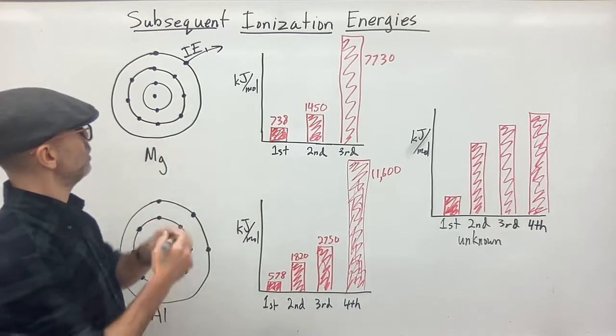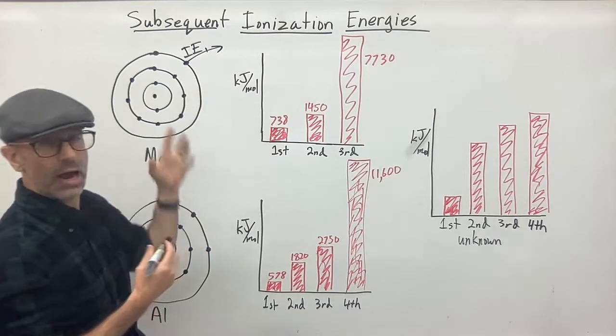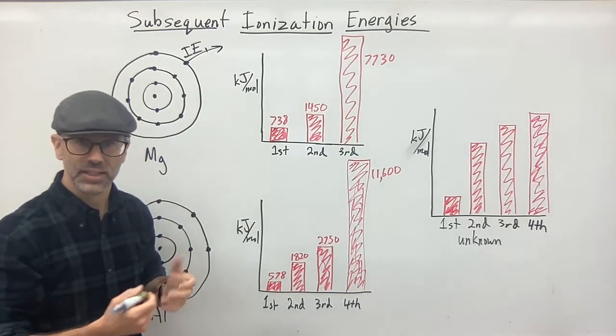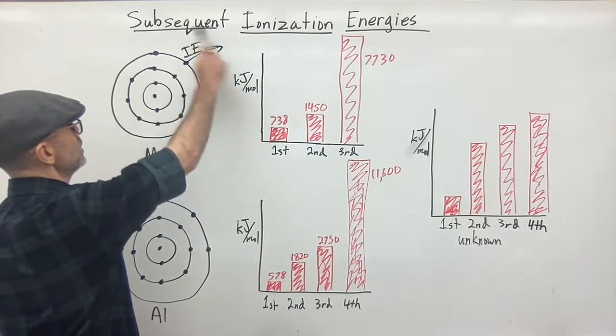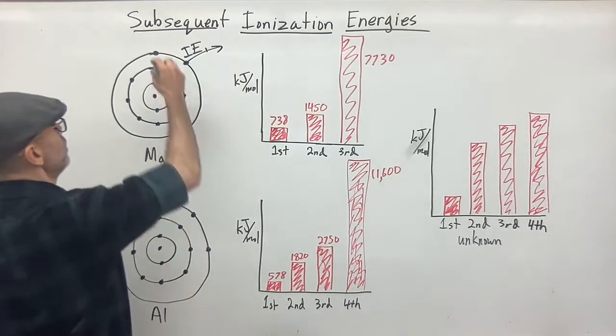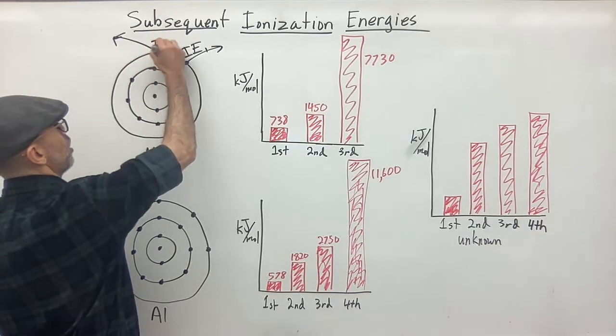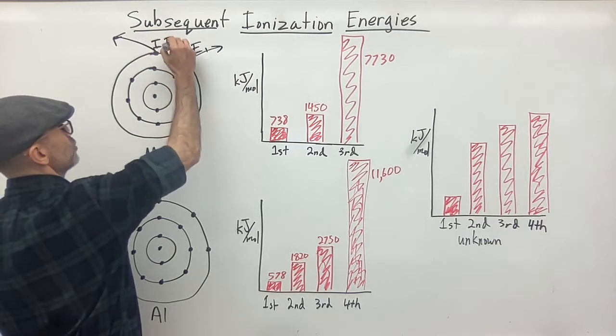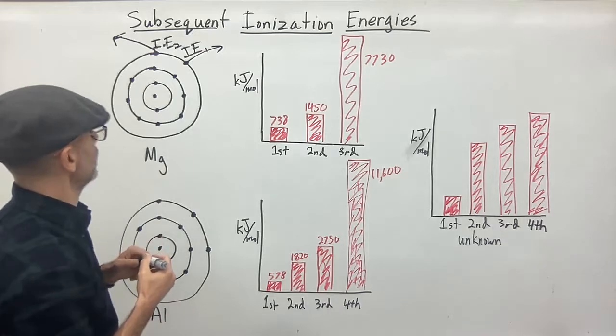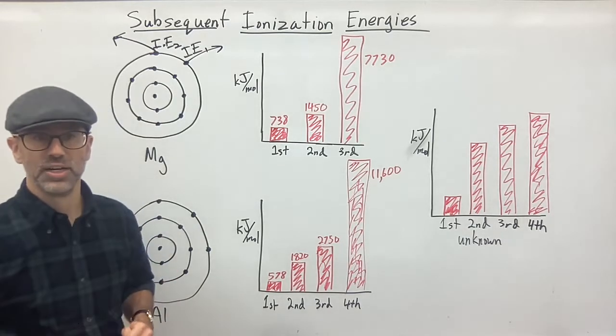Okay, so that's the first electron. Then what do we do? How much energy does it take to remove the second electron? When we remove the second electron, we'll call that the ionization energy 2, IE2, the second ionization energy.